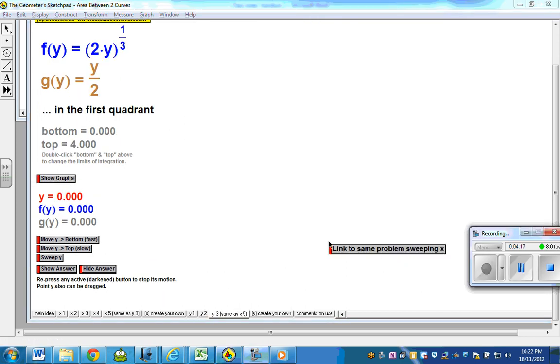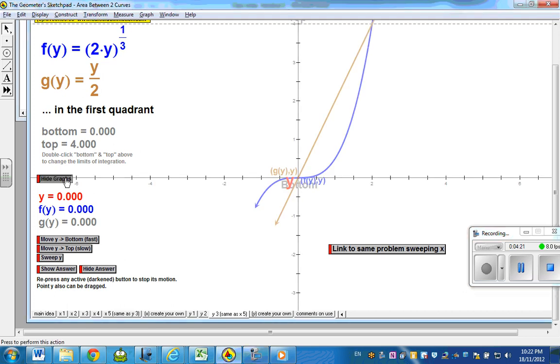Now in this example we're going to use the first quadrant in those curves, and you have a choice in here, either vertical or horizontal elements.